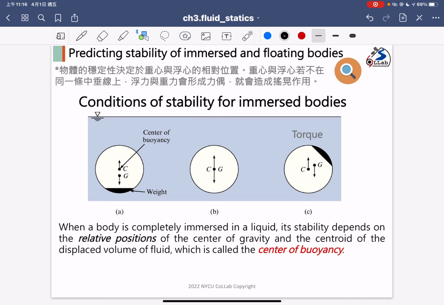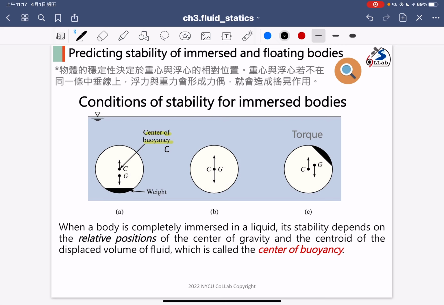So our final topic related to the buoyant force is predicting the stability of our bodies. For these questions, we have two very important parameters to figure out first. The first one we call the center of buoyancy, the C point.